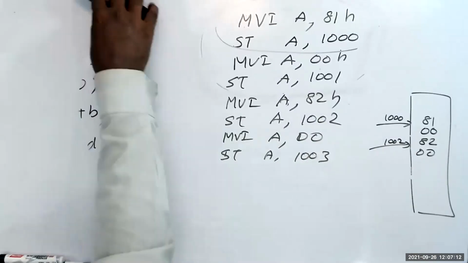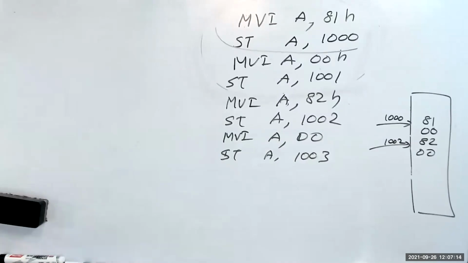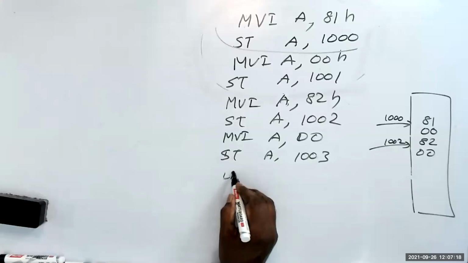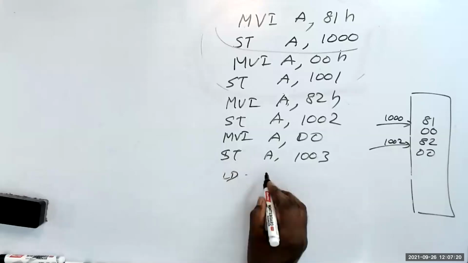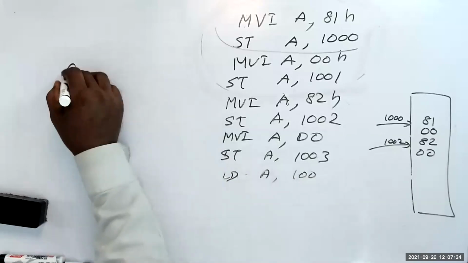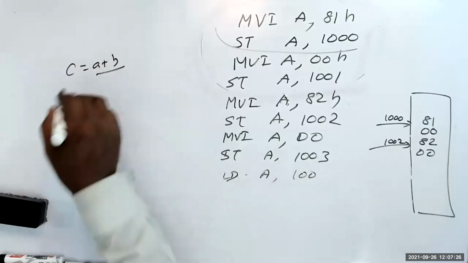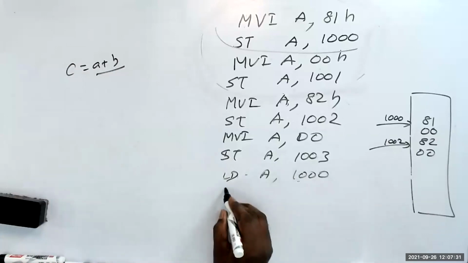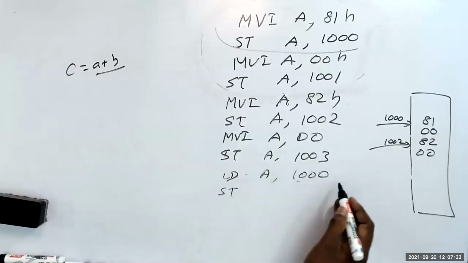So these are all the complex way. Then I have to once again load 8 bits at a time. Load accumulator from 1000, because you put C is equal to A plus B. Then I store this value.